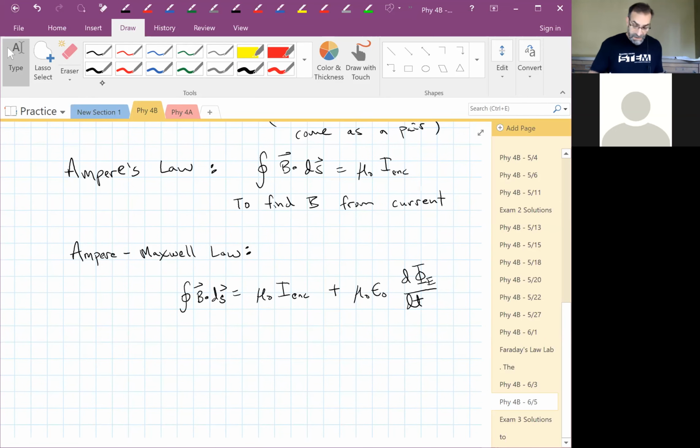It tells us that the first part tells us the magnetic field created by a current.